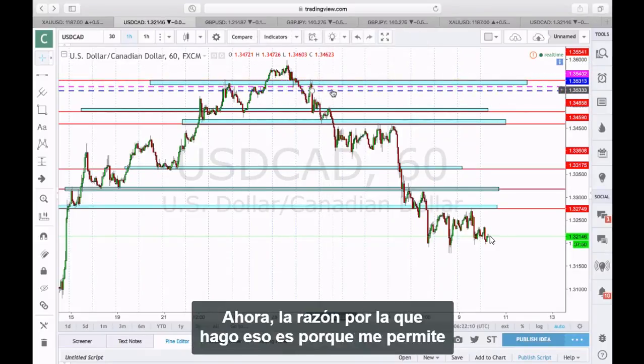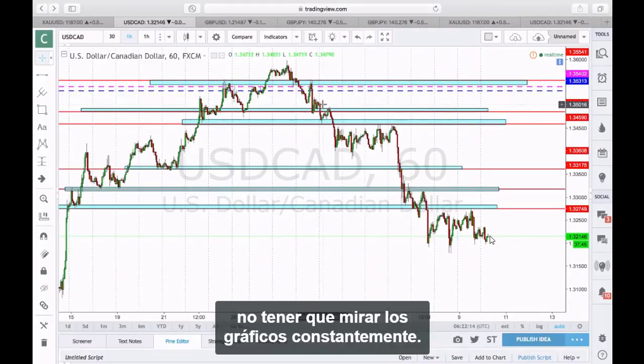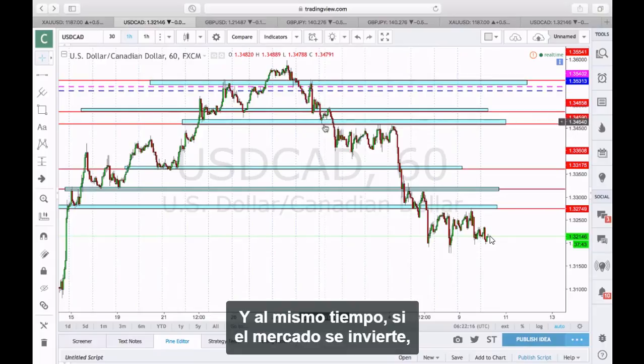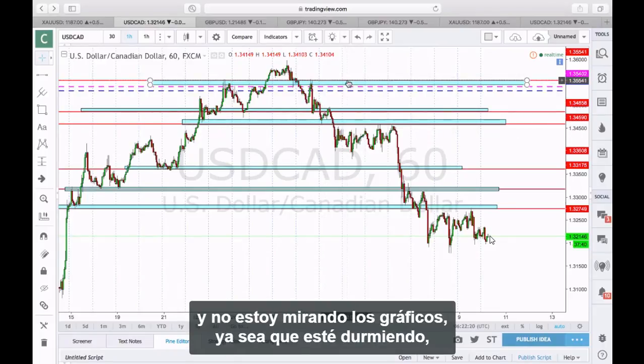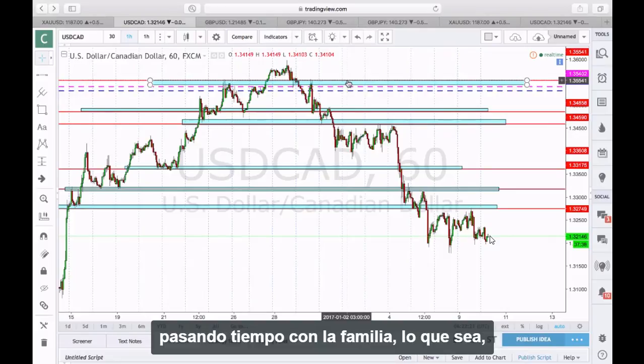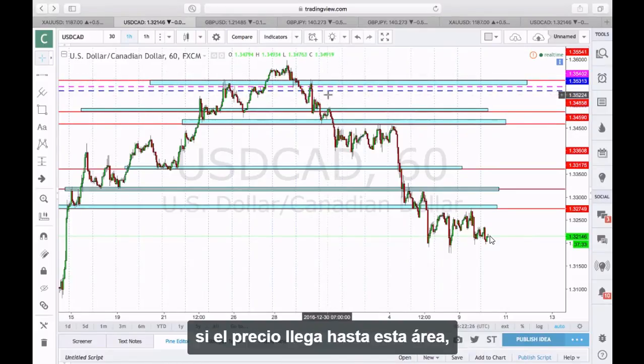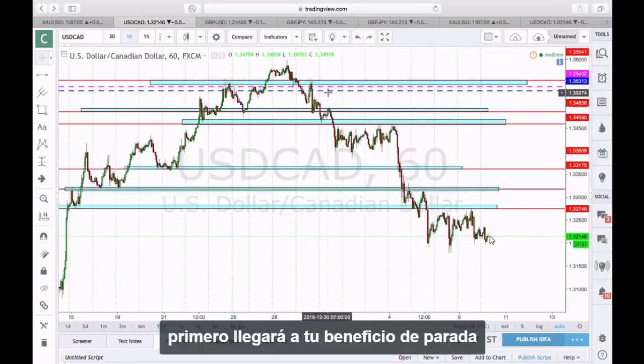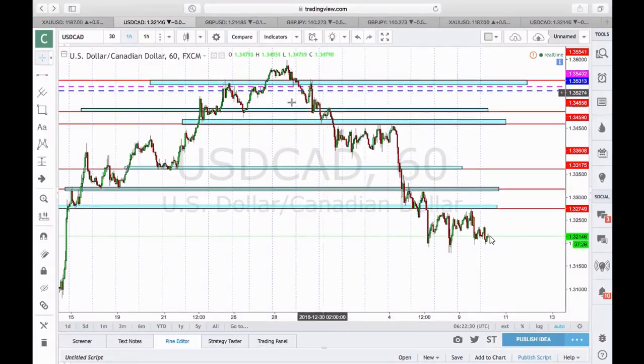What that means is if it's a sell, I put it 5 pips underneath the entry point. The reason why I do that is because it allows me to not have to look at the charts constantly. If the market reverses and I'm not looking at charts, whether I'm sleeping or spending time with family, if price comes and hits this area, it will hit your stop profit first.